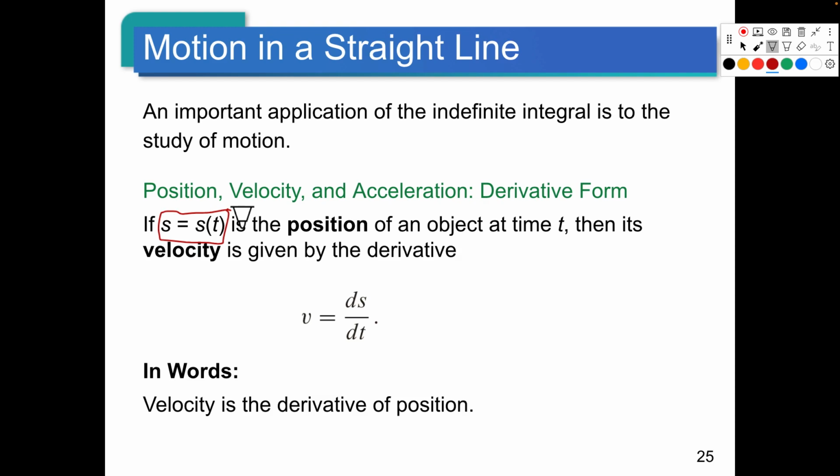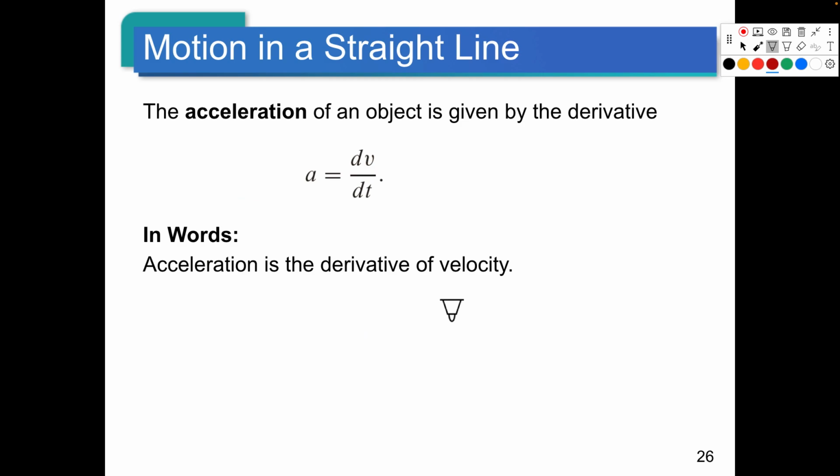Okay. So we've done this before. We take the first derivative, and we could write that as s prime. That's what velocity is. If we take the derivative of velocity, we get acceleration. And that's the same thing as taking the position function and taking its derivative twice.